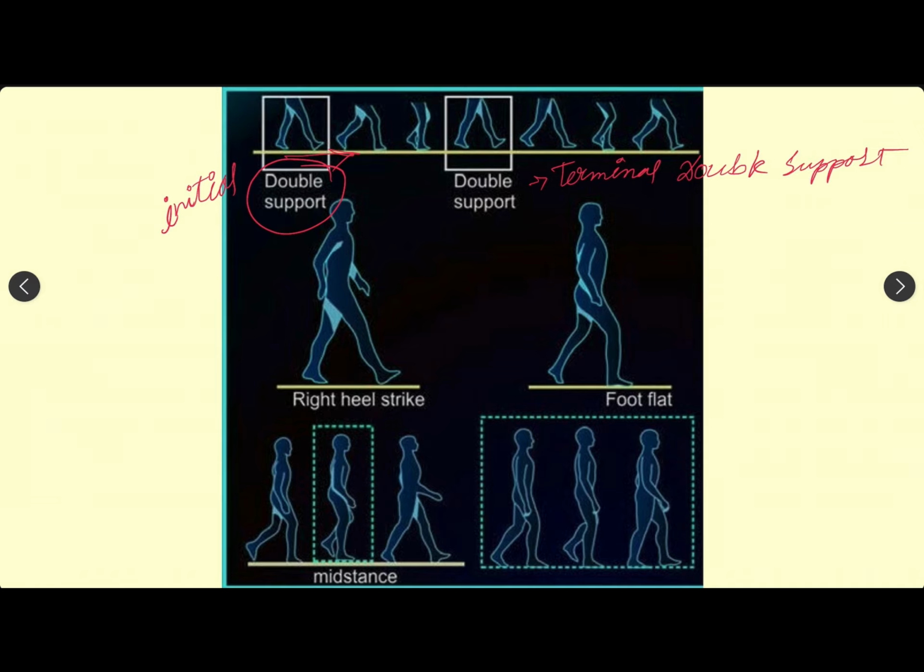Both feet touch the ground, and terminal double support occurs at the end of the stance phase, from terminal stance to the pre-swing phase. So it provides maximum stability, present only in walking, absent in running.